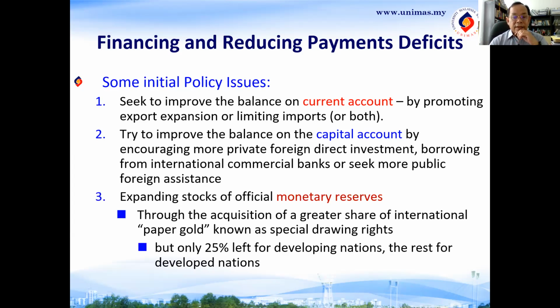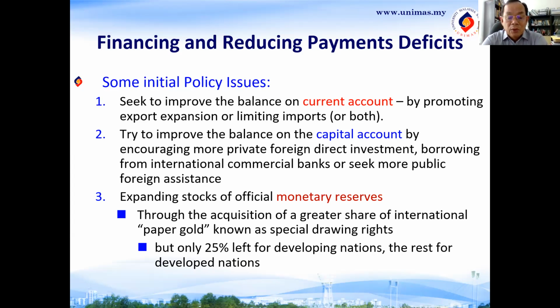Okay, and the other is through spending of stock of official monetary reserves. In other words, to increase the monetary reserves, account yang ketiga tadi. Melalui apa? Through the acquisition of a greater share of international paper gold, known as the special drawing rights.